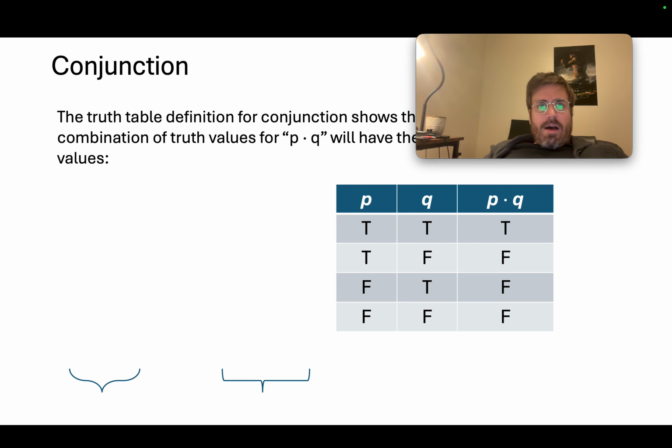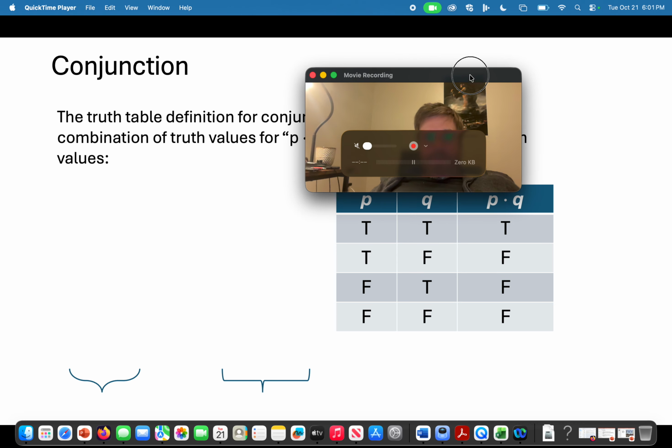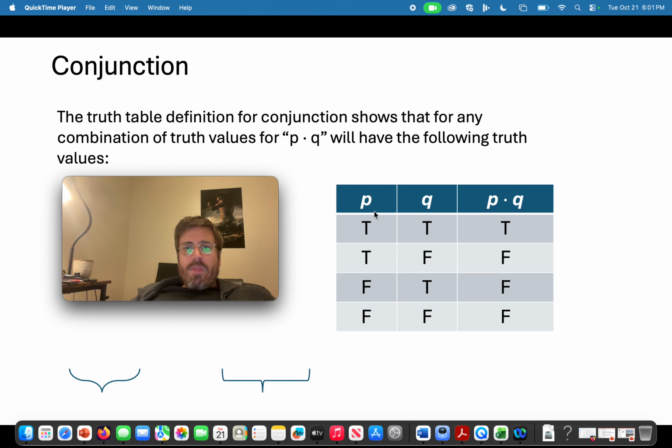What about conjunction, dot? With conjunction, we are bringing together two conjuncts, right? Two different variables. The truth table definition for conjunction shows that for any combination of truth values, P and Q, it will have the following truth values.